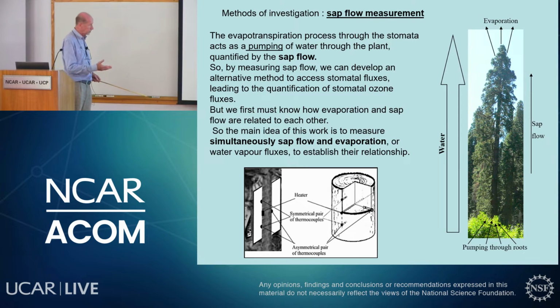We will see that to study the penetration of pollutants in the leaves, we use the evaporation rate as a proxy, and I will explain why. So it's a good technique to approach it.